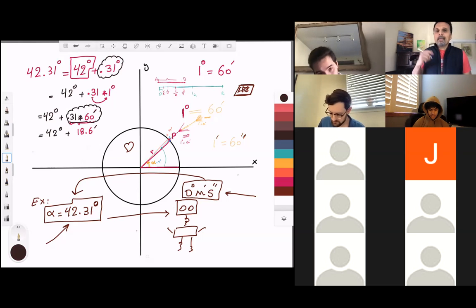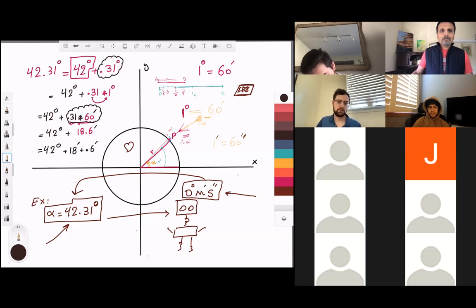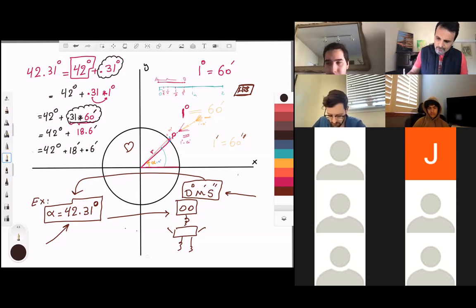So I do the cheating again. This will be 42 degrees plus 18 minutes, correct? Plus 0.6 minutes, because 18 plus 0.6 gives us 18.6, exactly. 42 degrees plus 18 minutes plus 0.6 multiplied by 1 minute.